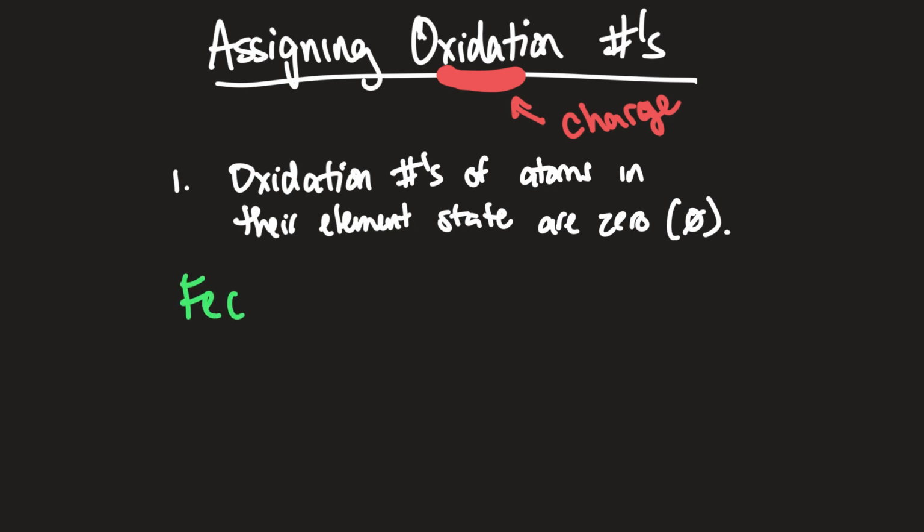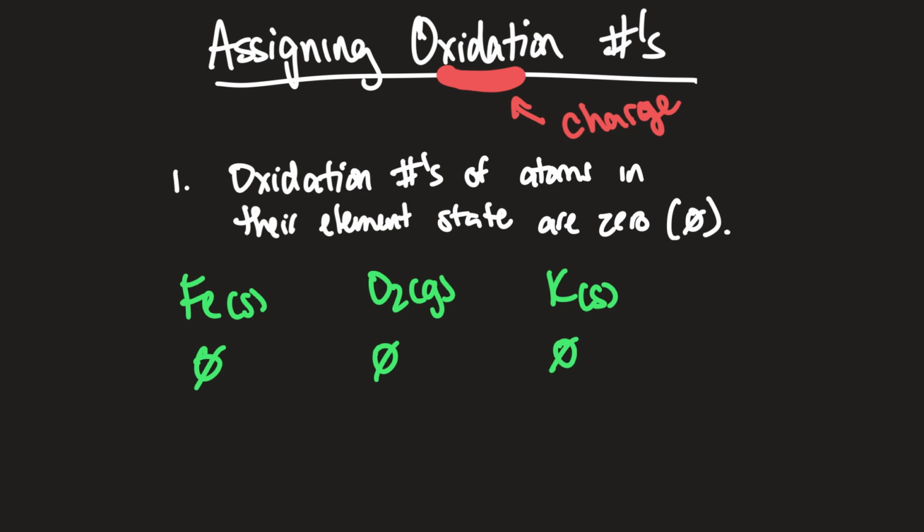If we have iron, you have a sample of iron, the oxidation number of iron is 0, okay? If the substance is oxygen, even though it's O2, a diatomic, this is elemental oxygen, so its oxidation number is 0. If we have a sample of potassium, that's an element, it's 0.